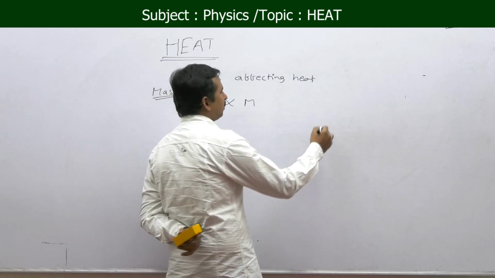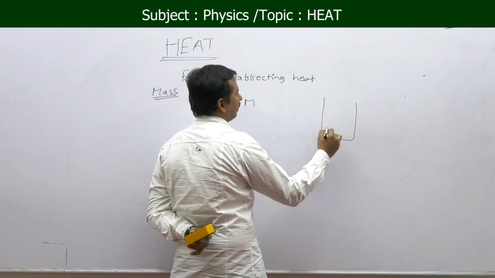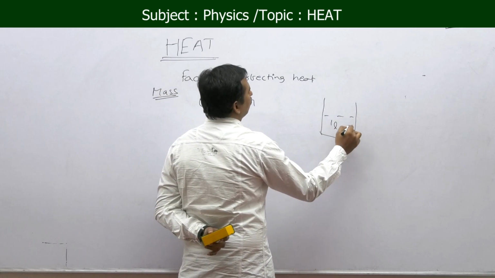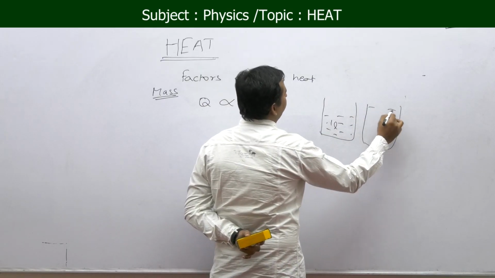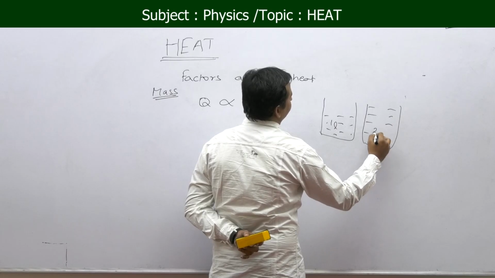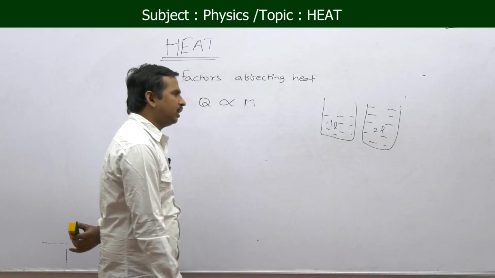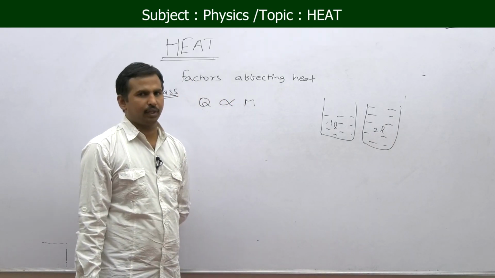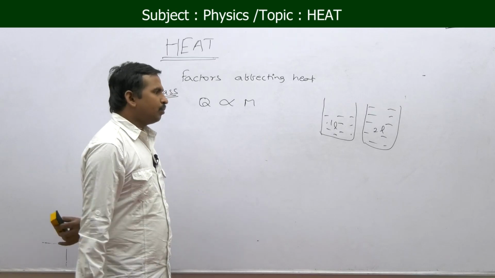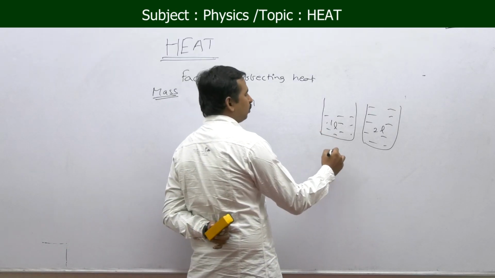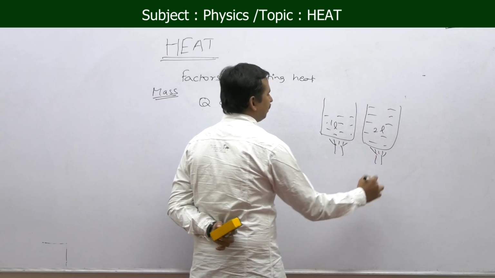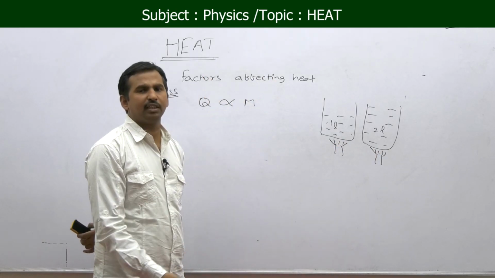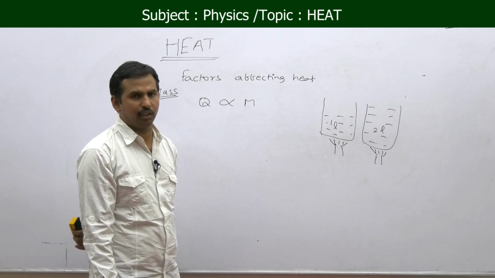In a container I take 1 liter of water, and in another case 2 liters of water. I supply heat energy to both for the same time with the same amount of heat energy.